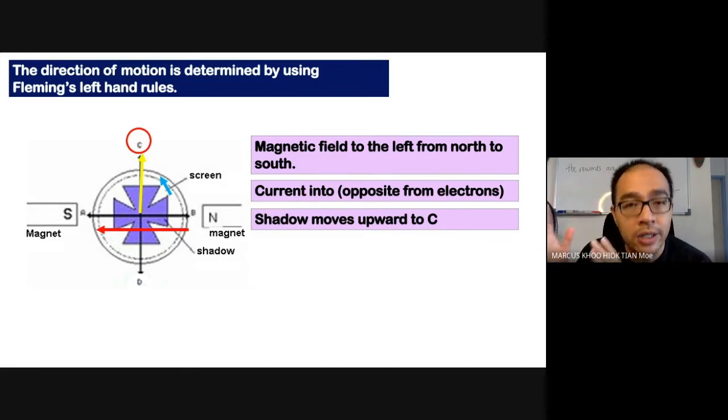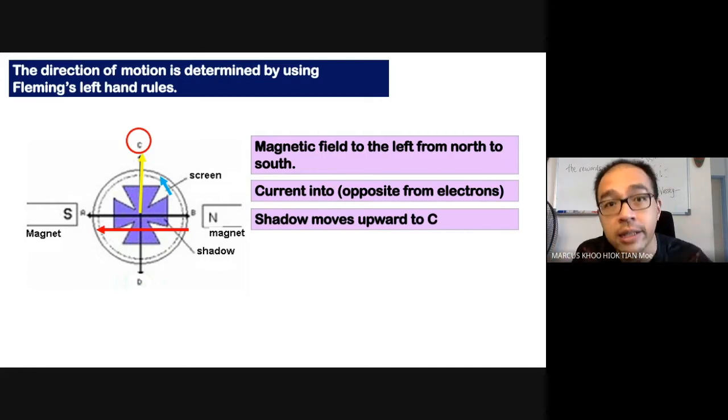So electric energy is converted to kinetic energy for the acceleration, which is converted to light energy when it hits the fluorescent screen. And the fourth thing is cathode rays can be deflected by magnetic fields.